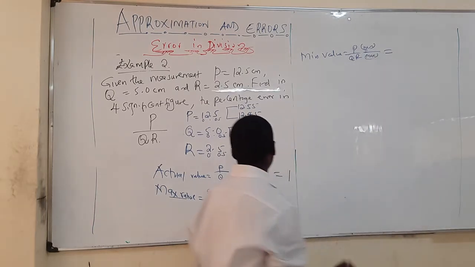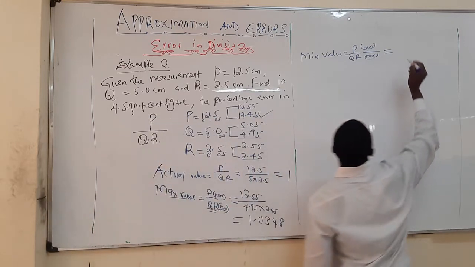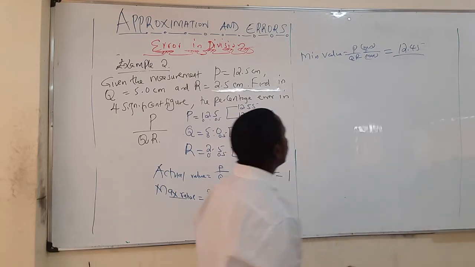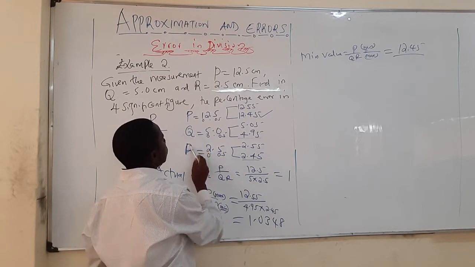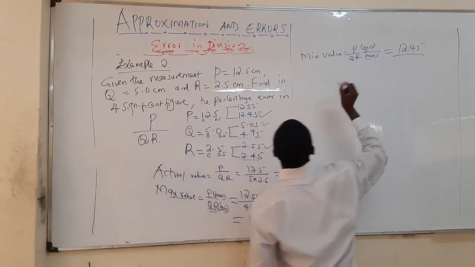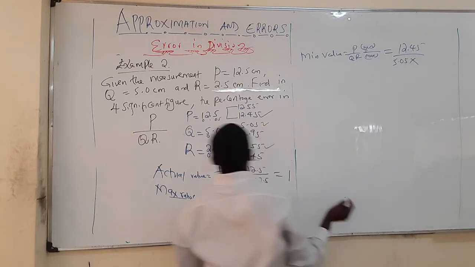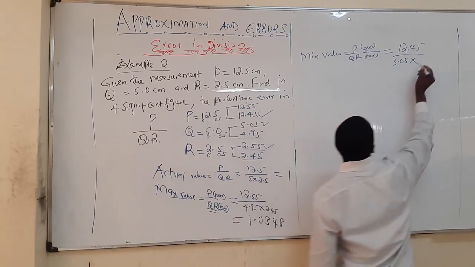And for P, we want the lower limit, which is 12.45, and then we divide by QR being maximum. We are multiplying the QR, so we multiply the upper limit, 5.05, by R being the upper limit, 2.55.